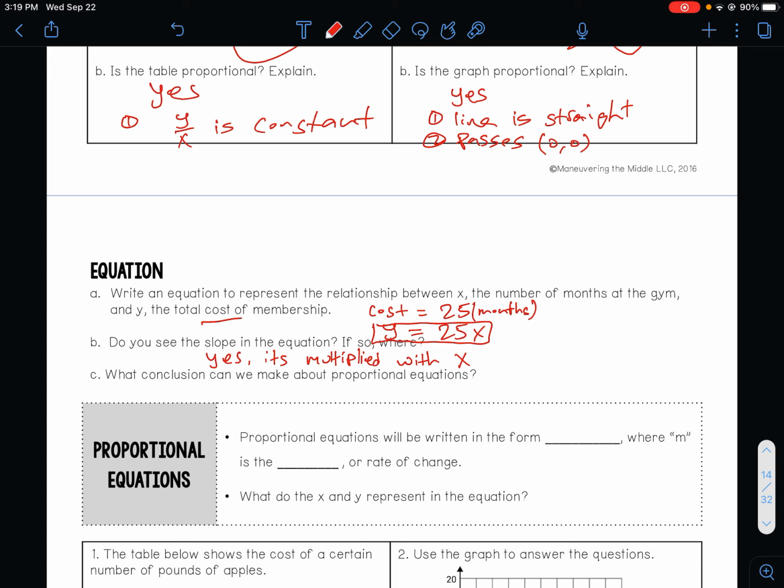It's multiplied by x, or you can say it's the coefficient, if you remember what that word is. Coefficient of x. So coefficient is just the number in front of x.